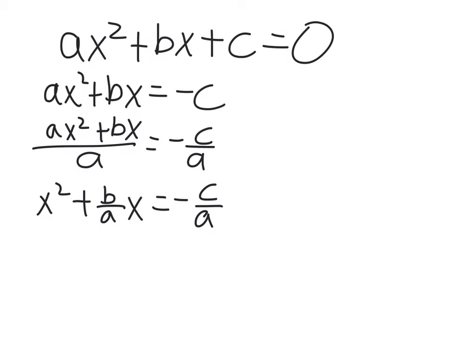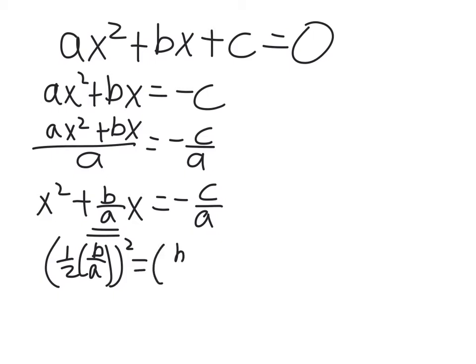Okay. Then what? Now we're ready to complete the square. Take 1/2 of our coefficient of x and square it. We'd have b over 2a quantity squared, which then is b squared over 4a squared.